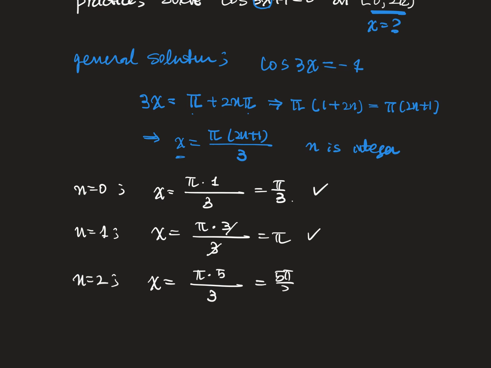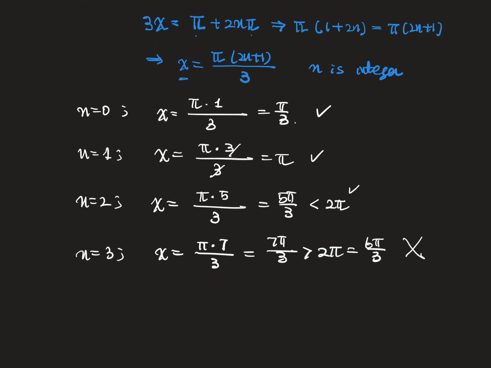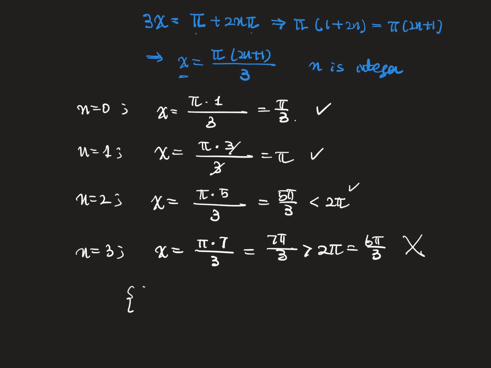Is 5 pi over 3 still less than 2 pi? Yes. N equals 3: x is 7 pi over 3. Is 7 pi over 3 greater than 2 pi? Yes, because 2 pi is 6 pi over 3. So our solutions are pi over 3, pi, and 5 pi over 3. That's how you find the solution.